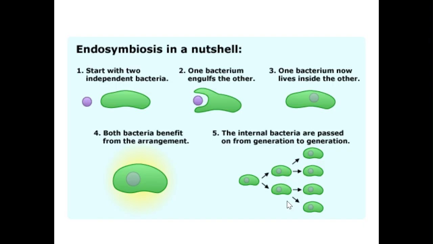And if the purple bacteria was particularly useful, like it was great at making energy or great at photosynthesis, then this would be a mutually beneficial arrangement, because the purple bacteria would get protection from the green one, and the green one would get way more energy or sugar from the purple one.